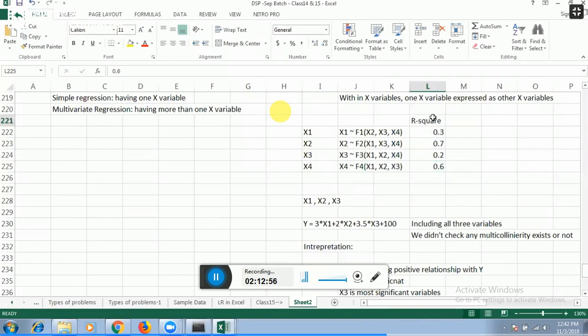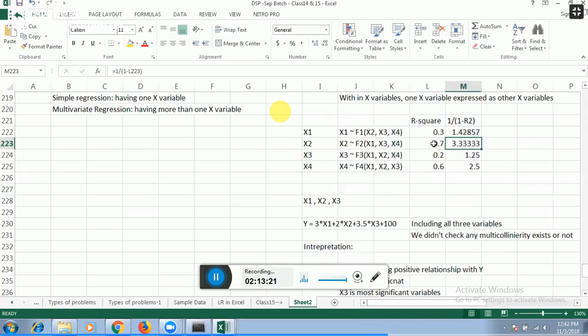Now R square is high. So if I take 1 by 1 minus R square, what does that mean? If my R square is high, can I say that 1 by 1 minus R square is high?